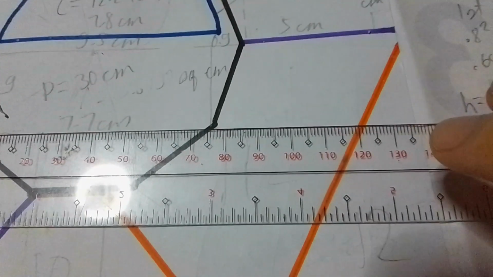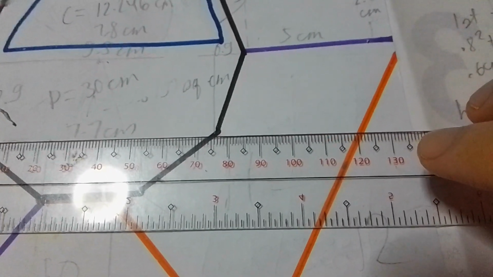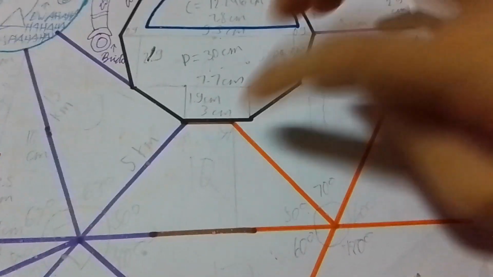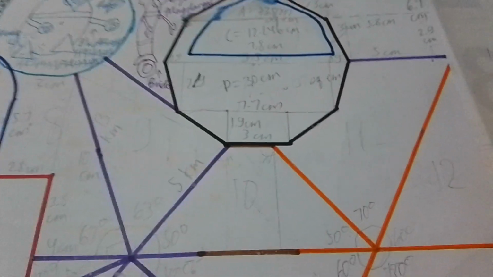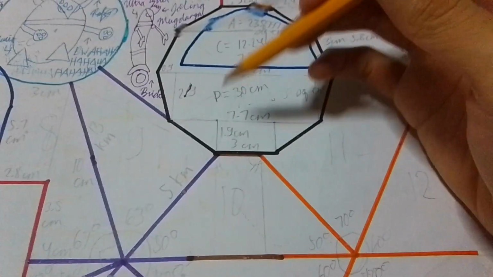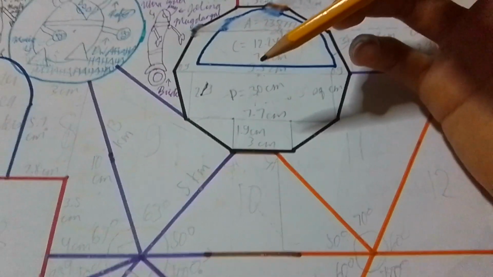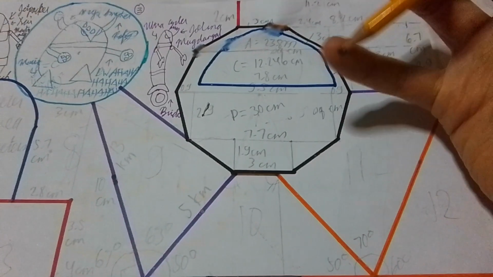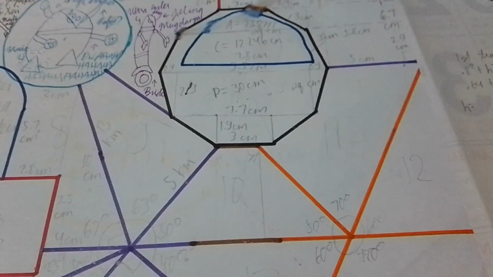Did we get 7.7? Yeah, almost. But we sure did. Tapos this one should be 3. Now, if we want to get the height, which is over here, you can simply solve for the measure. But if you want to play a game of Pythagorean theorem, pwede pa rin. Here's how. So ito yung ginawa ko sa first trapezoid.